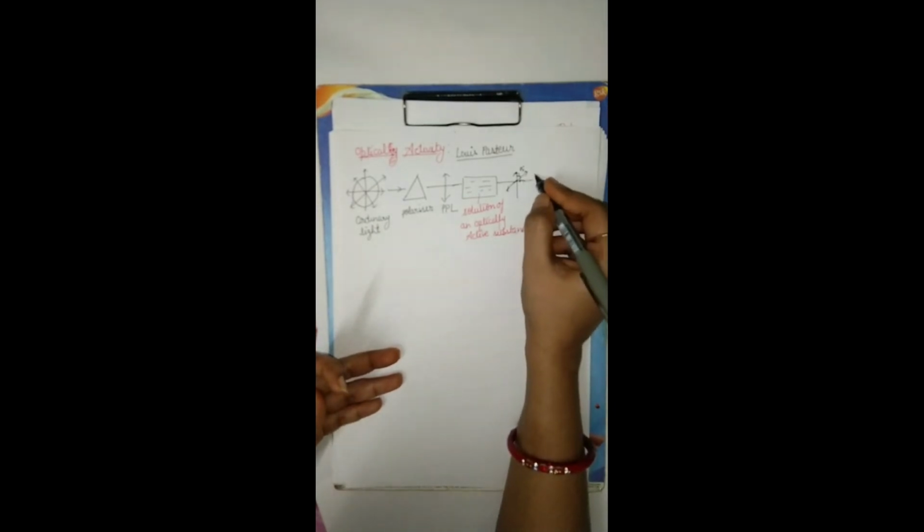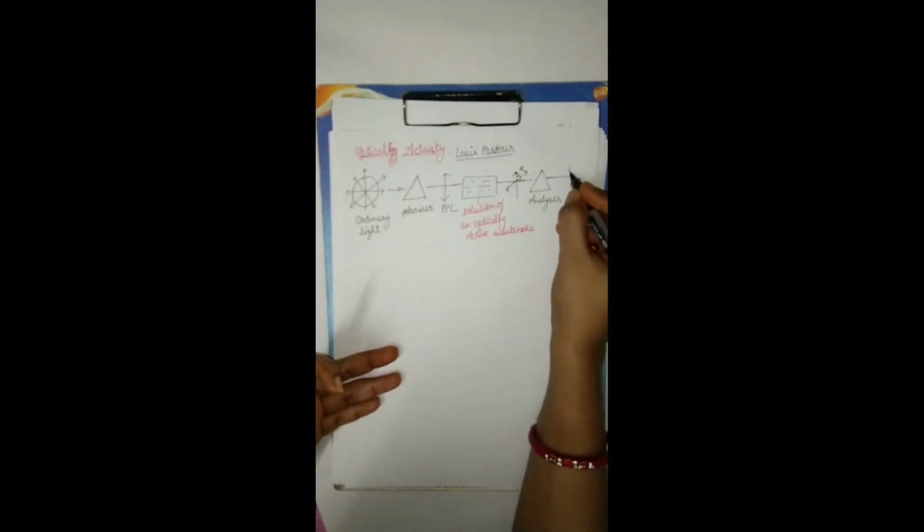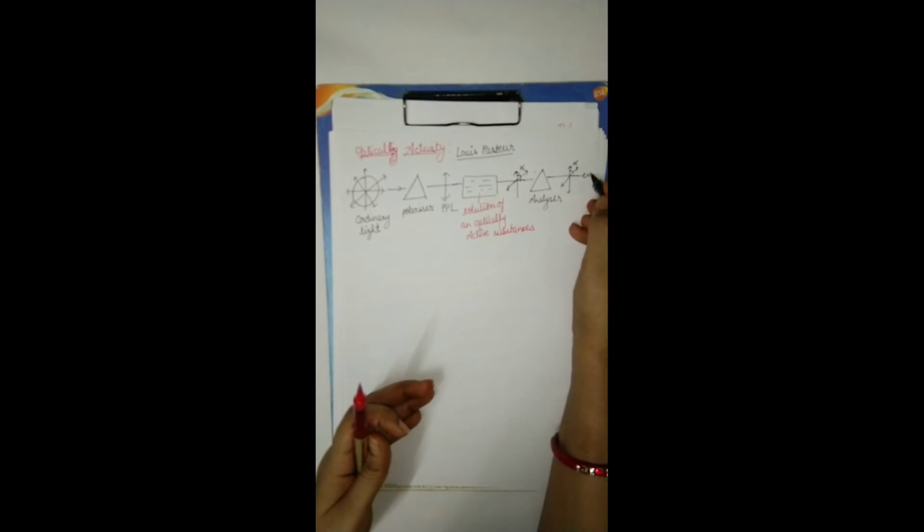Next it is passed through a second Nicol prism, which is known as analyzer. And here is your eye.